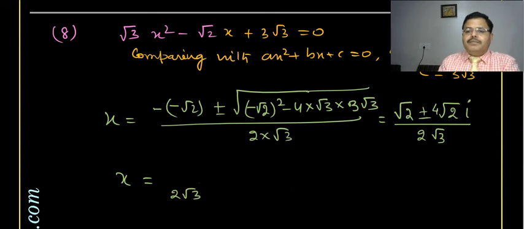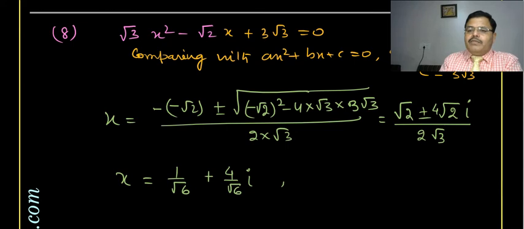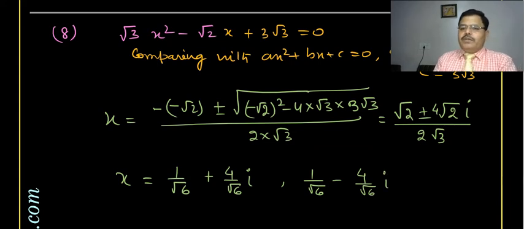Then root 2 can be taken common, and root 2 by root 2 times root 2 into root 3 is root 6. So the value will come like 1 by root 6 plus 4 by root 6 iota, and another value will be 1 by root 6 minus 4 by root 6 iota. So these are the two values which can come up by using this.